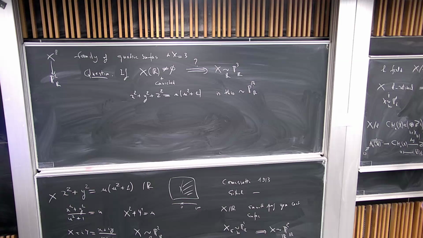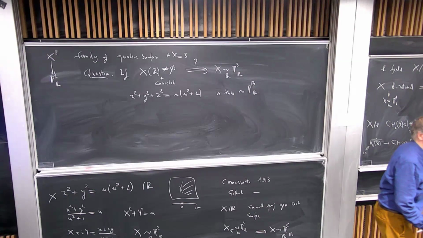And I consider this means that A_0 of X_F is equal to 0 for all fields F containing K. I go over to F and I look at the Chow group of 0-cycles. I want this to be 0. And this is also equivalent to the fact that if you look at simply X over the function field of X itself, this is 0.